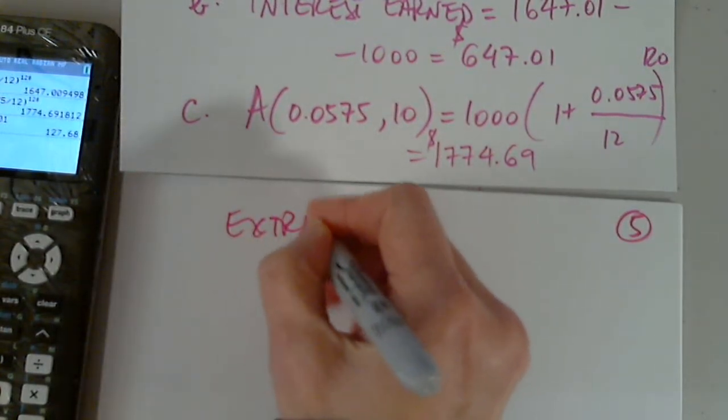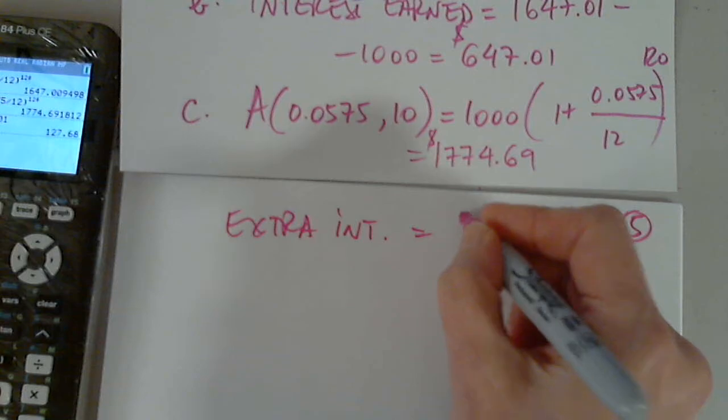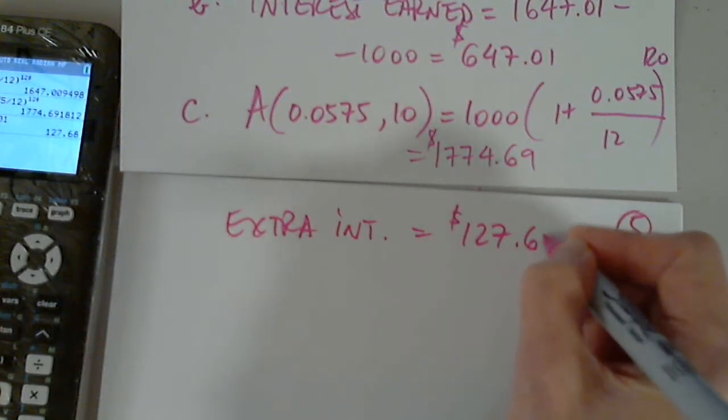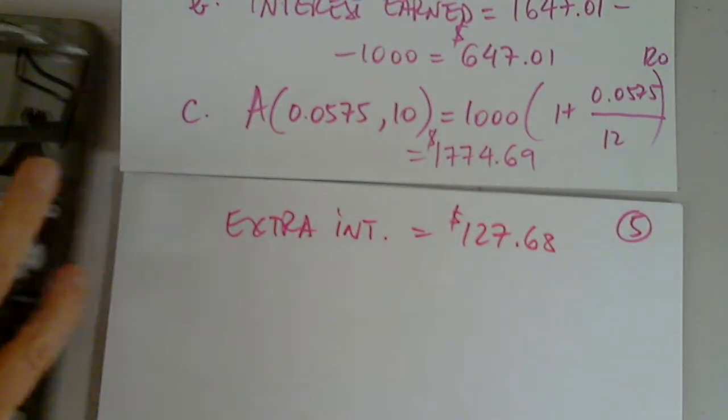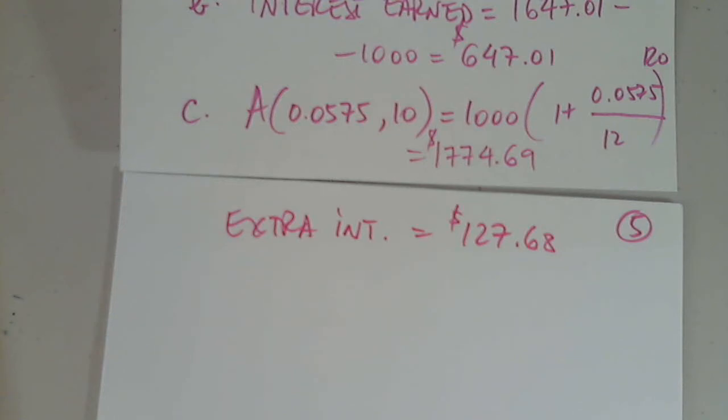So the extra, if the interest rate goes up a little bit, is extra interest of 127.68. Any questions? And that's how it works.